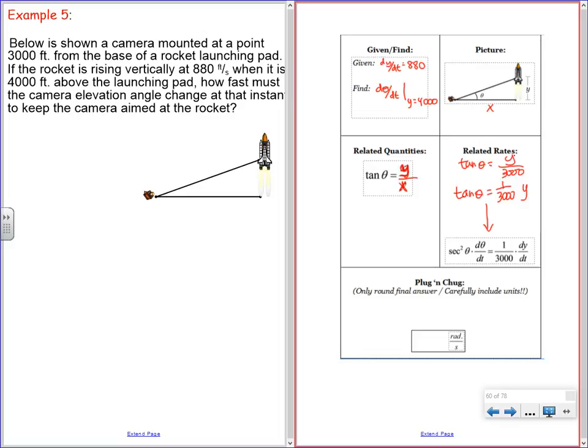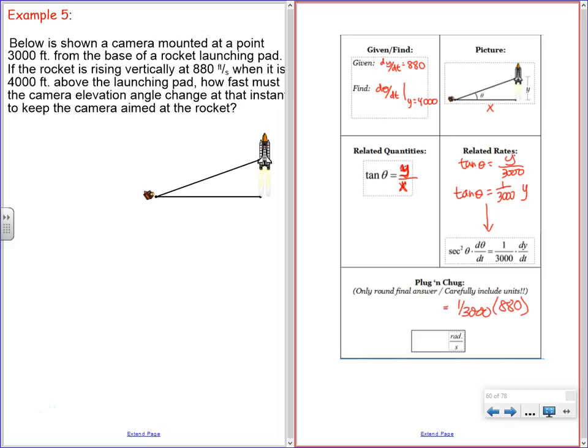Now I need to plug and chug, right? Okay, so when I plug and chug, what do I get? Secant squared theta, but the problem is, who's theta, right? So I'll start from this side. This side looks nicer. 1 over 3,000 times 880. What's on that side? Who's theta?